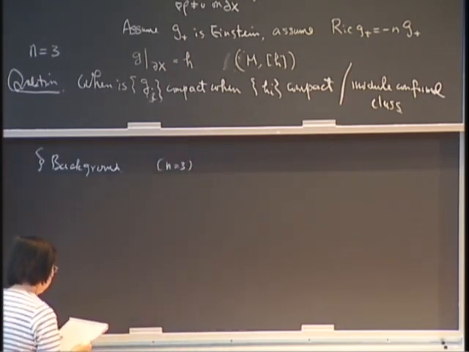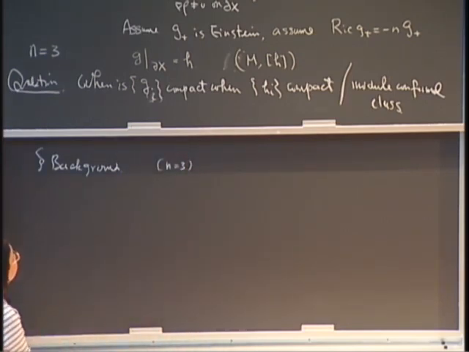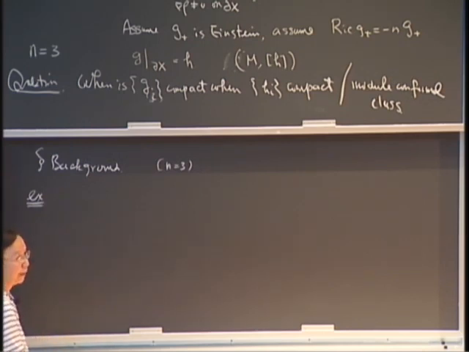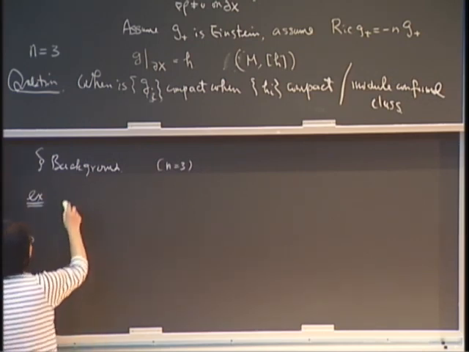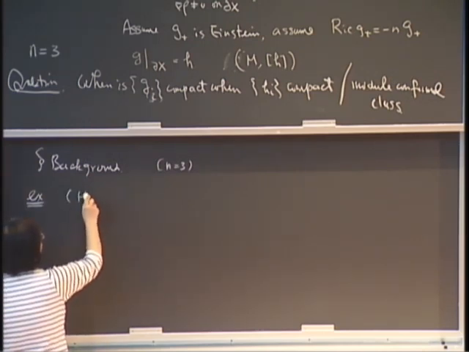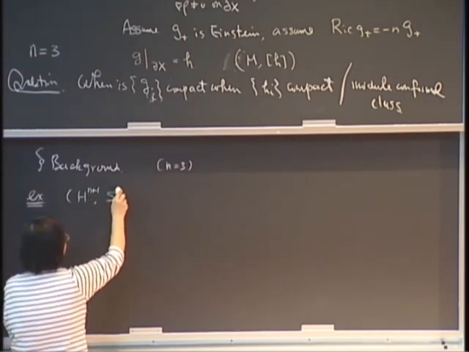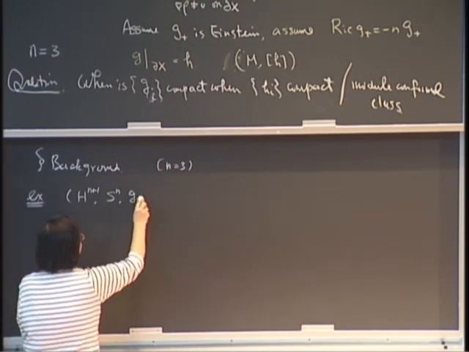Okay. So first, there are a lot of examples of conformally compact Einstein manifolds. An example is, for example, the hyperbolic ball with Sn as conformal infinity.